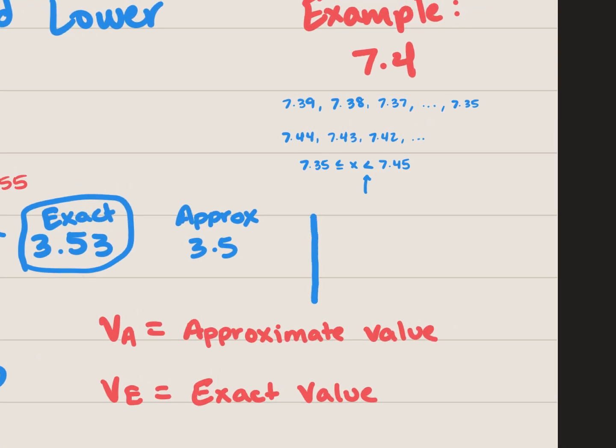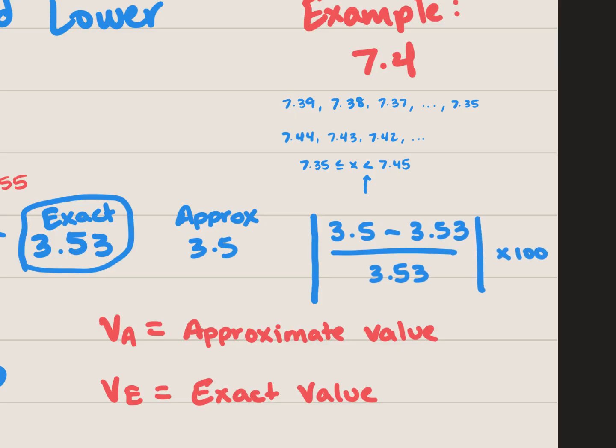So I would take approximate minus exact, divide by exact, absolute values around that, and then multiply by 100, and that would get me 0.8498.